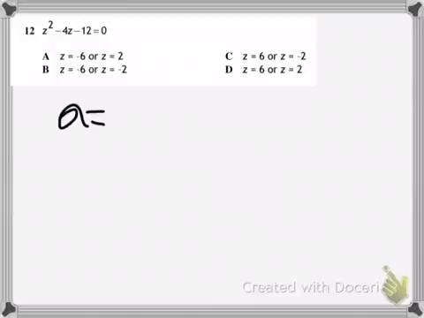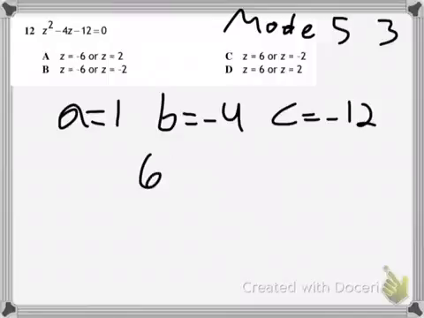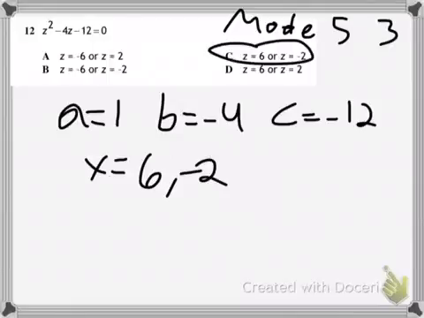So let's use mode 5-3. You get 6 and -2 using mode 5-3.